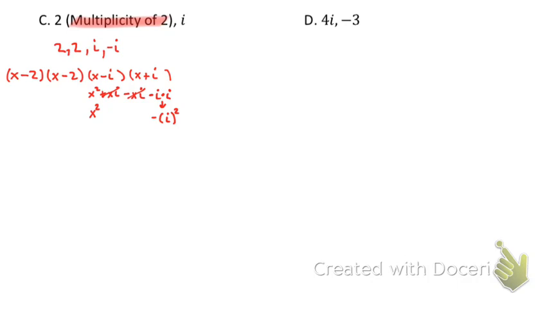Remember, i squared is negative 1, but we bring down the negative we had before, so negative times negative 1 is positive 1.